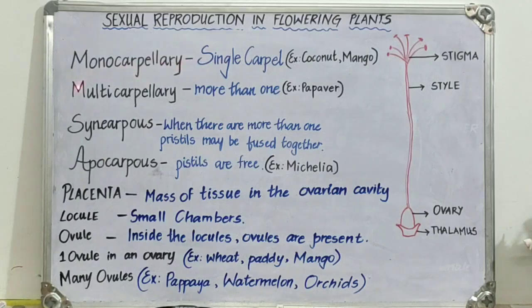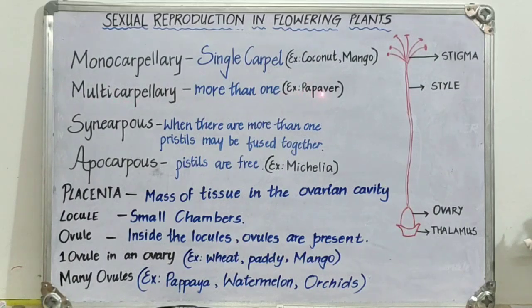These two come under monocarpellary. Then the second terminology, multicarpellary: more than one pistil. If more than one pistil is present, it is called multicarpellary. Okay, students? The example for this is Papaver.